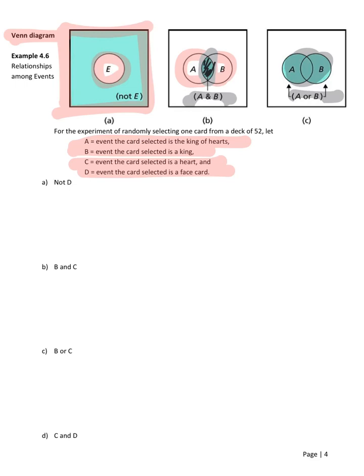So let me assign the first one as event A, the next ones B, C, and D. How about this? Not D. Now I can make the Venn diagram.